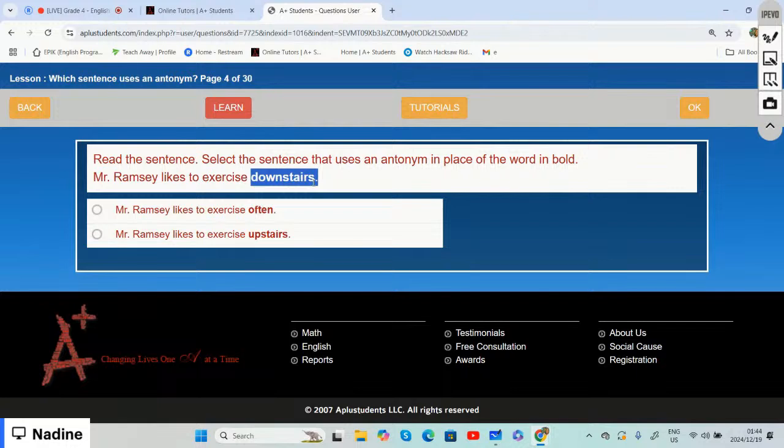Yes, and the opposite of downstairs is upstairs. Well done.